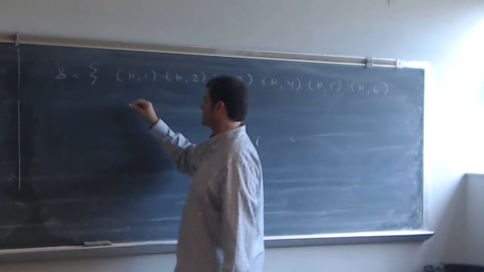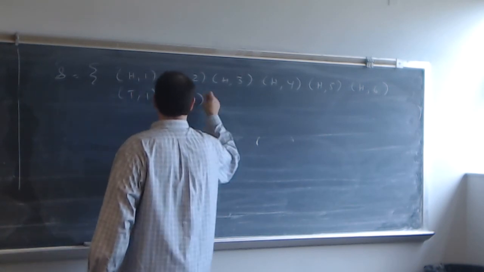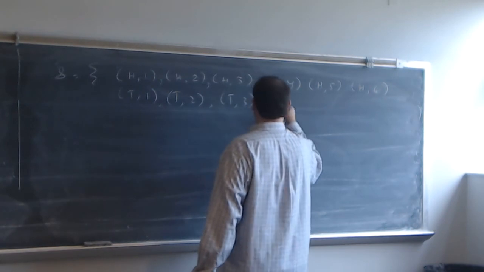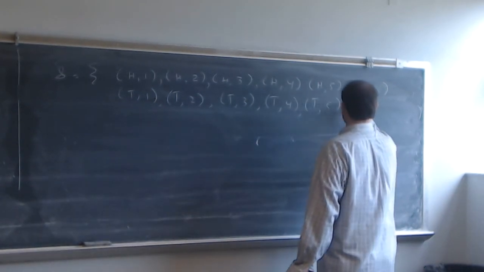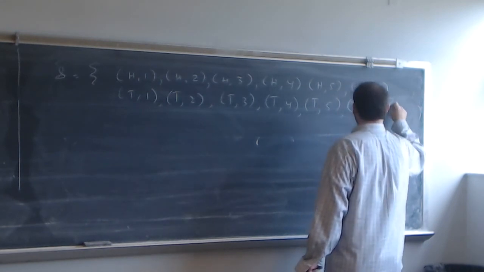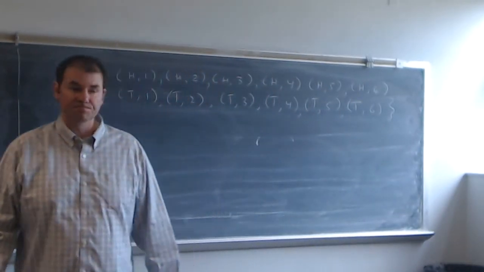And then the other 6, of course, are tails 1, tails 2, tails 3, tails 4, tails 5, and tails 6. That's how I'll represent the collection of outcomes.